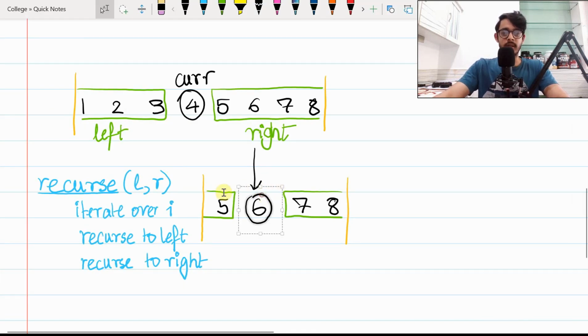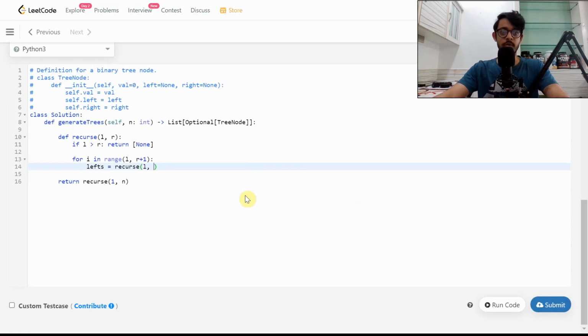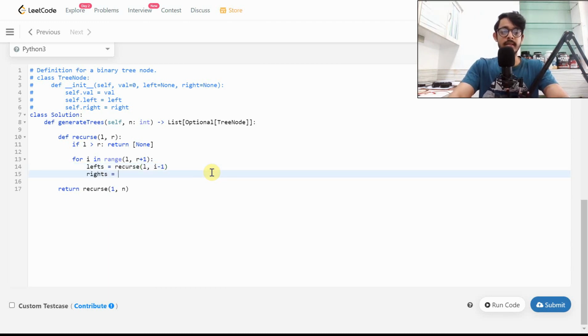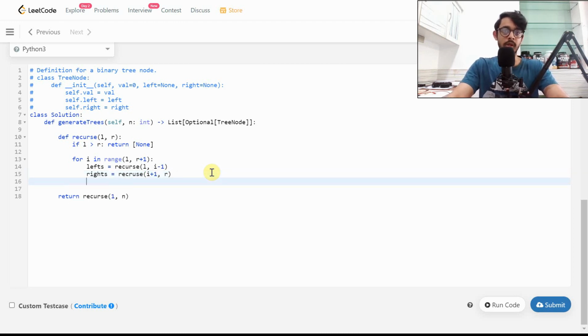And take this case, for example, we have this as the current I and this is the L and the R. From this point, from L, where are we going? Are we going till I or I minus 1? It's both inclusive. So we're going from L to I minus 1. Similarly, rights is going to be recurse from I plus 1 now, skipping over I, and we'll go all the way up till R.